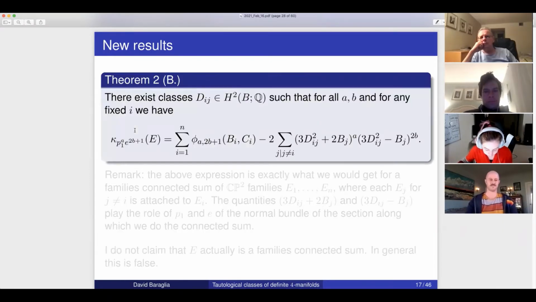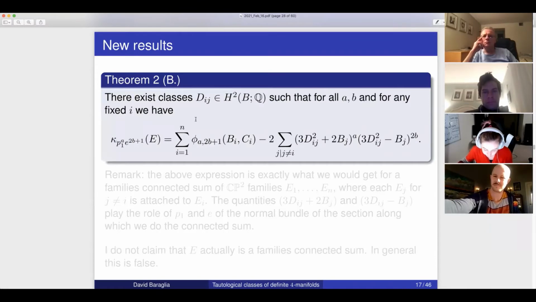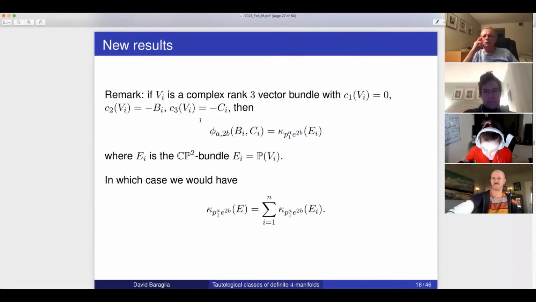All right. Actually, I'll come back to this point a bit later. And then you notice here that I only took even powers of e. And that's because e squared is p2, a Pontryagin class, which is a stable characteristic class, whereas e is unstable.